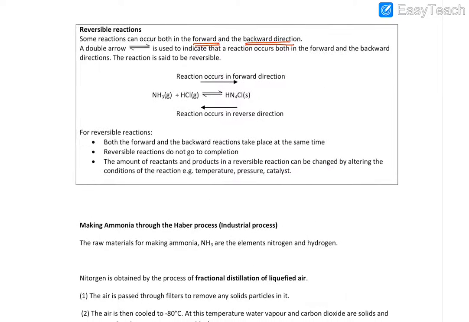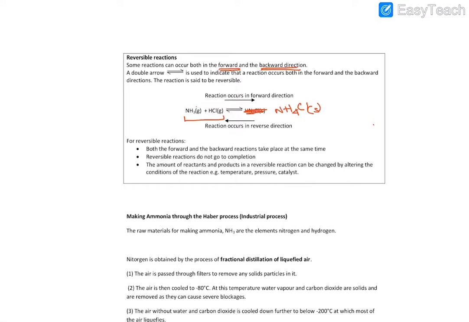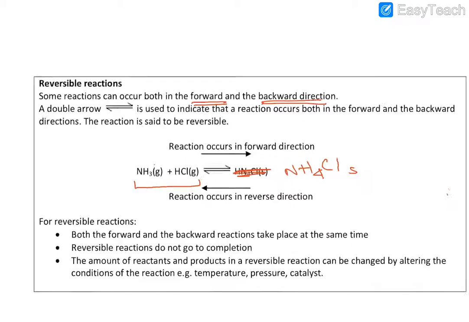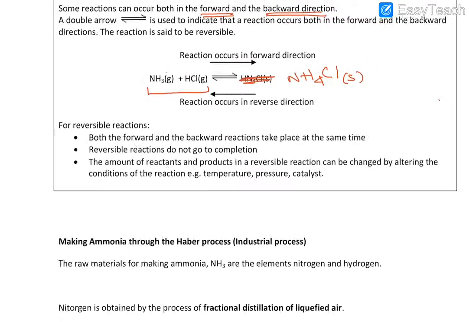For example, if you have ammonia reacting with acid, ammonia is a weak base, so the reaction is a reversible reaction, meaning you can reverse the reaction. Once you have ammonium chloride, NH4Cl, the ammonium chloride can also decompose and give back ammonia and hydrochloric acid. So it takes place in both directions.